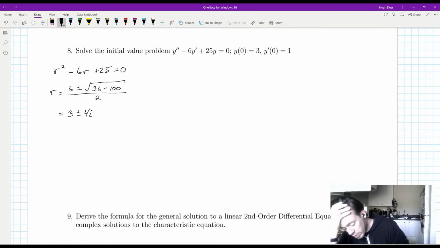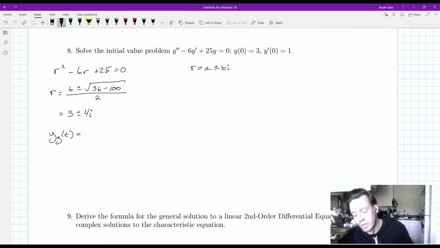All right, so our general solution, we can jump straight to, I'll just rewrite the form again up here. Given an r value that's complex of the form a plus or minus bi, there's technically two different r values here, but the plus or minus doesn't matter on which one we choose.